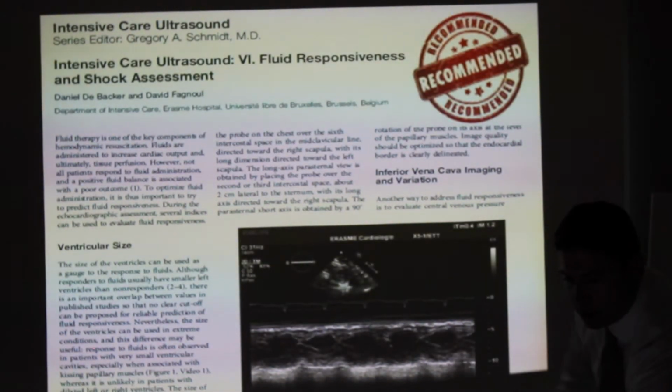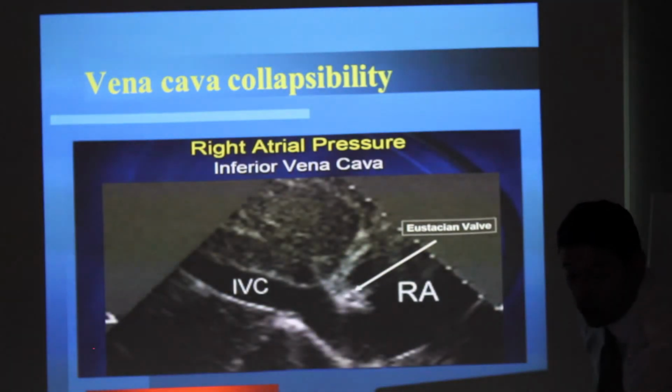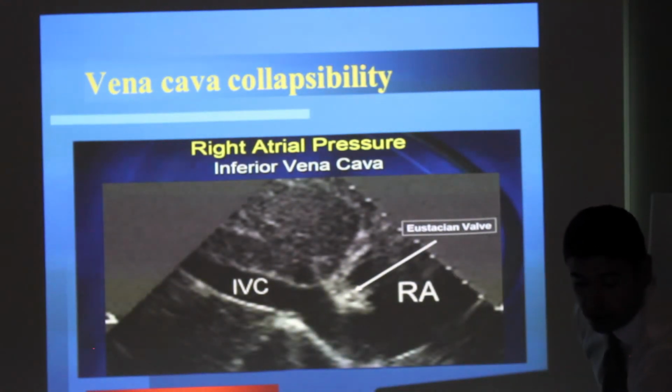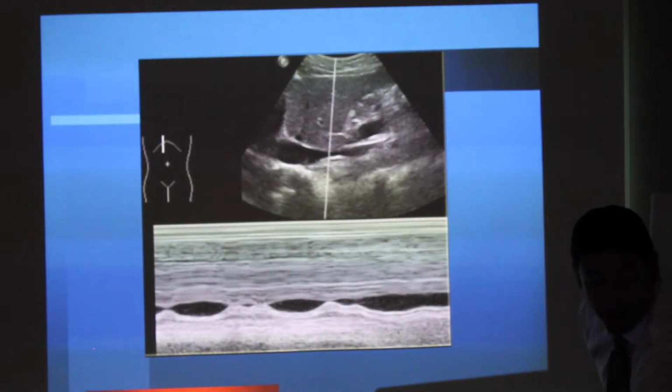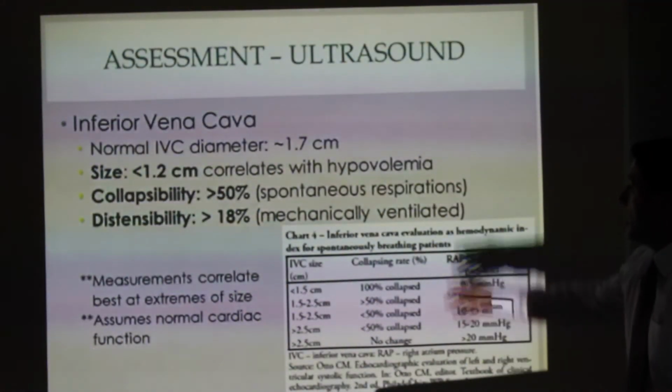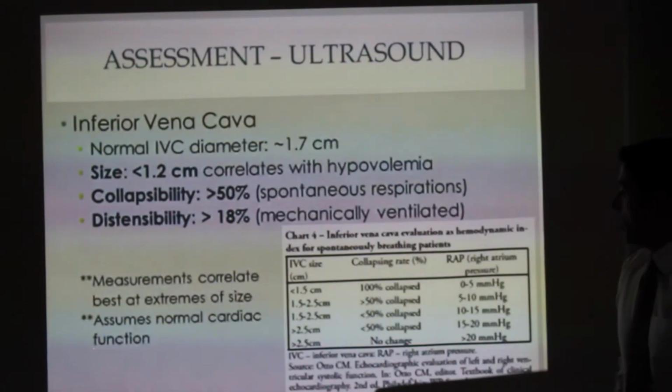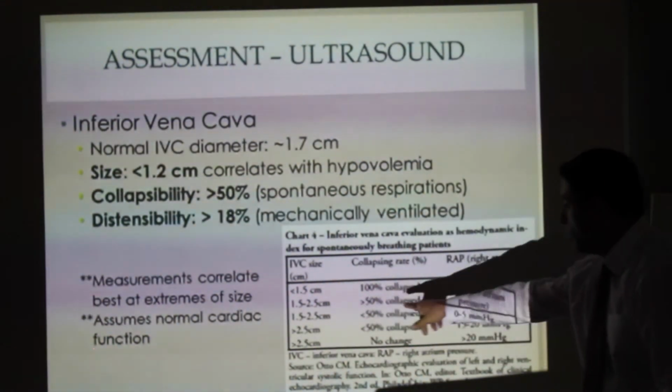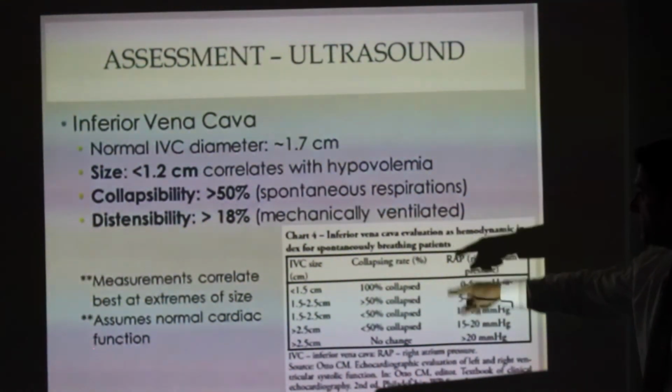There is a nice article about intensive care ultrasound and fluid responsiveness. We've done the IVC on those patients, and we use M mode. You can look at the collapsibility of the IVC, and this can correlate also with the right atrial pressure.